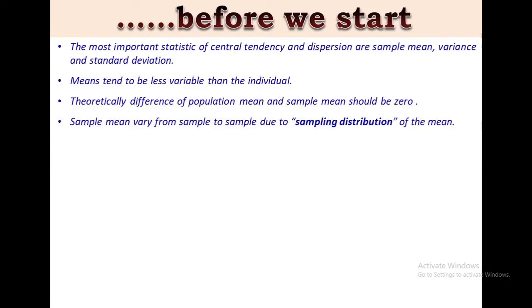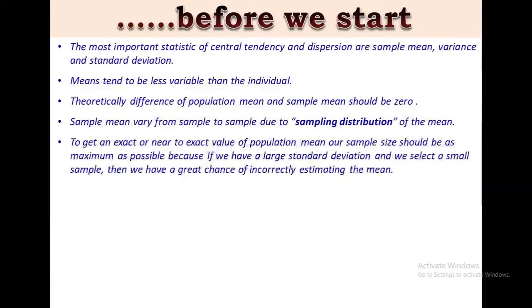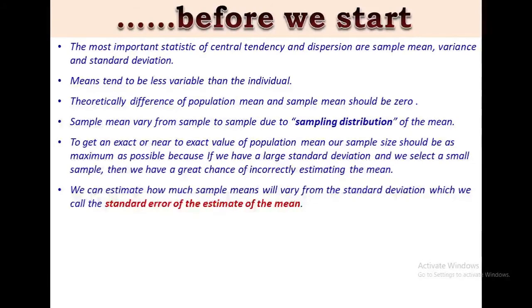To get an exact or near-exact value of the mean for the population, our sample size should be as large as possible. Because if we have a large standard deviation and we select a small sample, then we have a great chance of incorrectly estimating the mean. Fortunately, we can estimate how much the sample mean will vary from the standard deviation of this sampling distribution, and this estimation is known as the standard error of the mean.